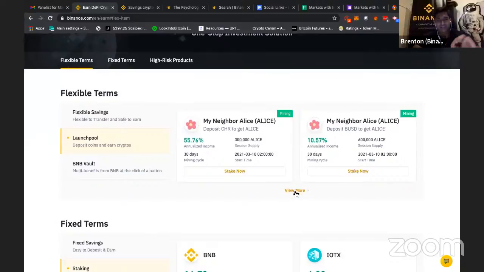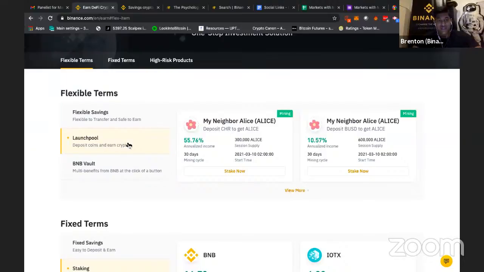Well, on Binance, instead of buying some Alice and waiting for the price to go up, you can actually stake your BNB. So basically put your BNB in here and earn Alice for free without any additional risk to your BNB. So it's the exact same thing as if your BNB was sitting in your normal wallet. You're now just putting it in a different wallet and you're getting rewards for doing that.